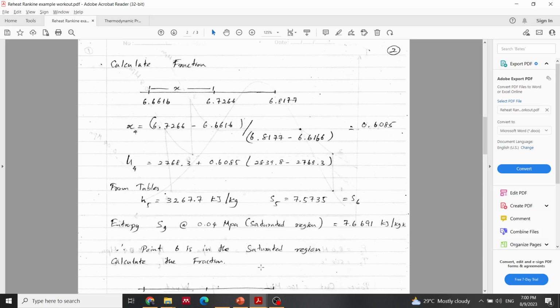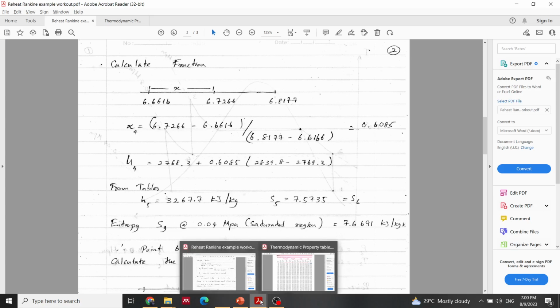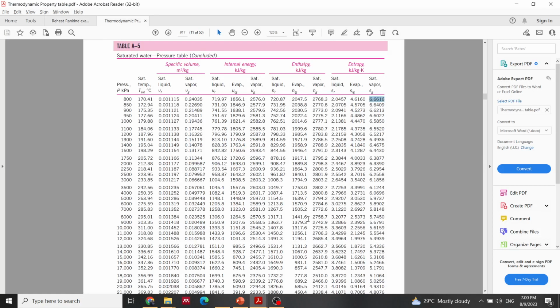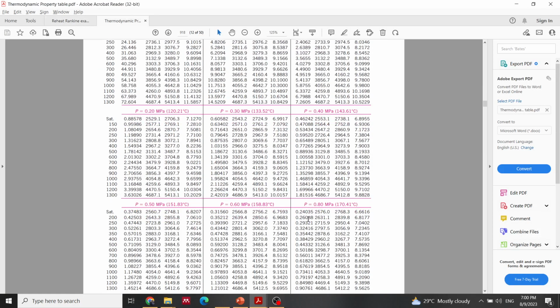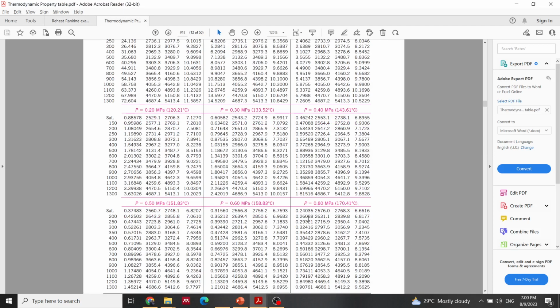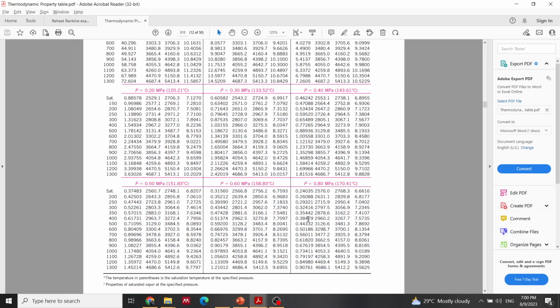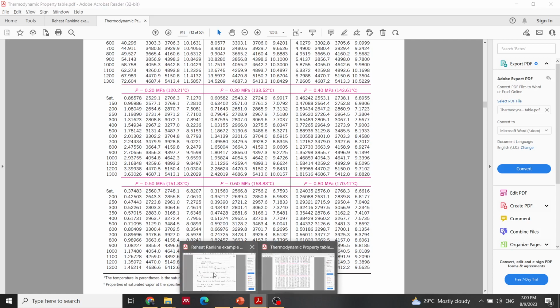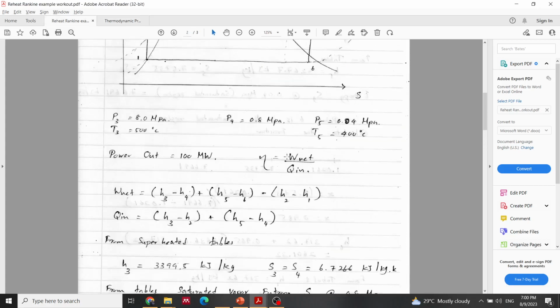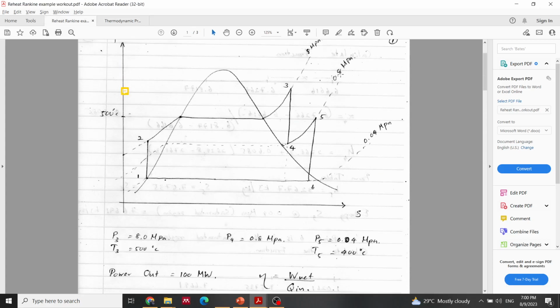So if we go back to the superheated tables, in the superheated region we are interested in checking 0.8 megapascal. So this line is 0.8, and this is the one we are considering.